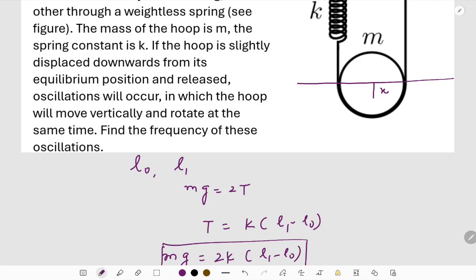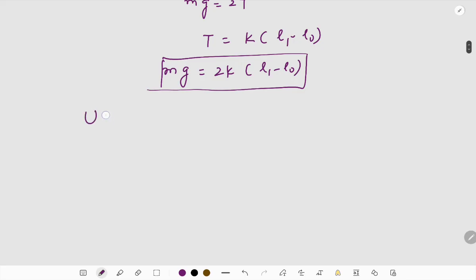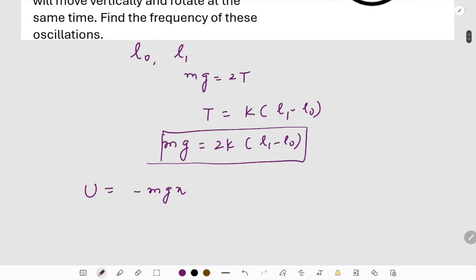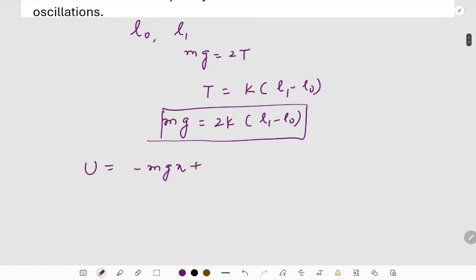I would like to write the potential energy of the system at this moment. For the gravitational potential energy, the datum, where gravitational potential energy should be taken as 0, is the equilibrium position of the hoop, so we can write the potential energy of the hoop simply as minus mgx, plus the elastic potential energy. What is the change in the spring?